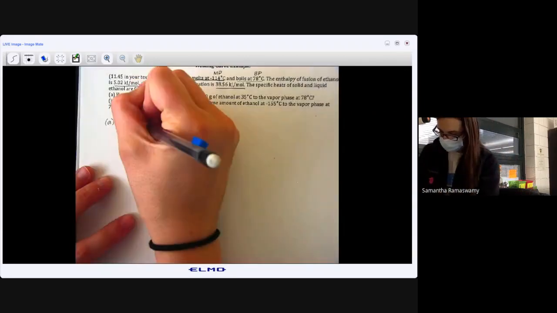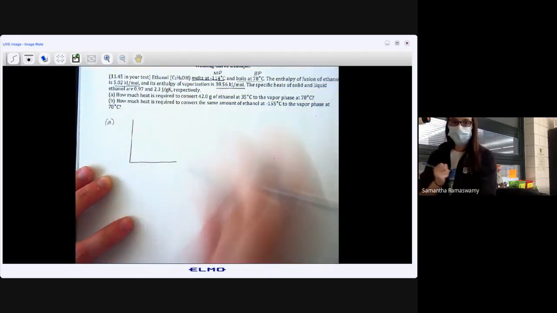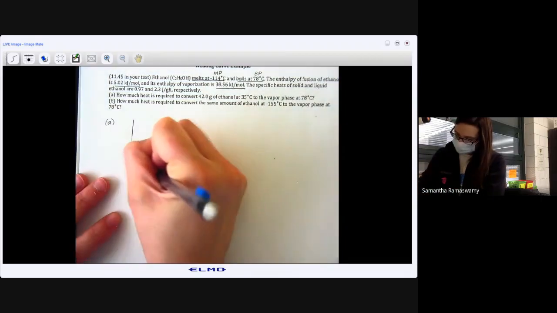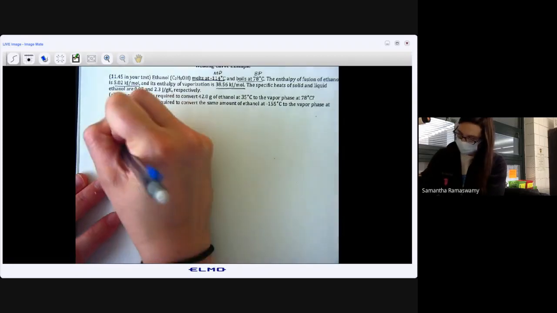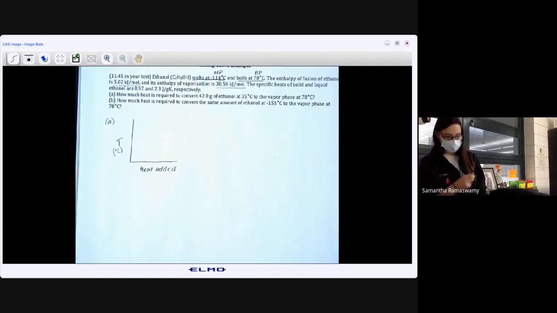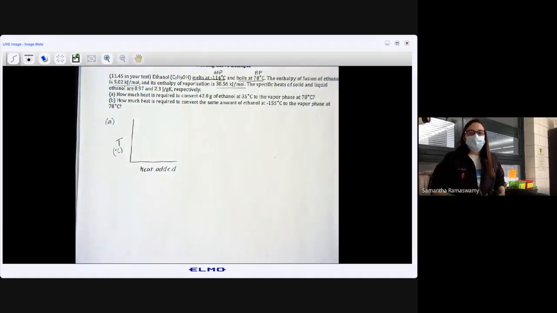So if I want to draw the heating curve, I'll have my X and my Y axis. My X axis is usually labeled something like heat added. My Y axis is going to be temperature, in degrees Celsius. Based on part A, we're starting at 35 degrees Celsius.